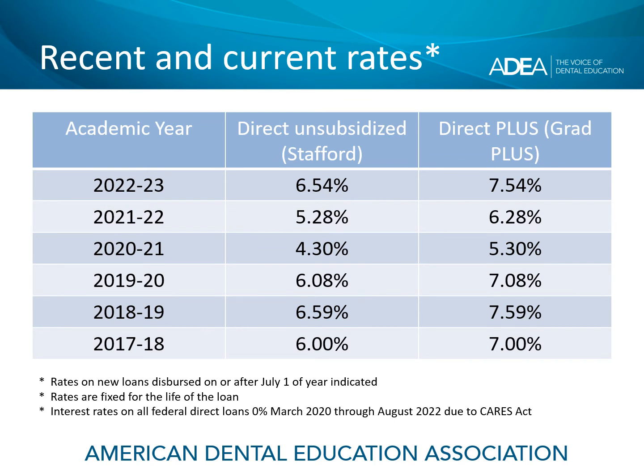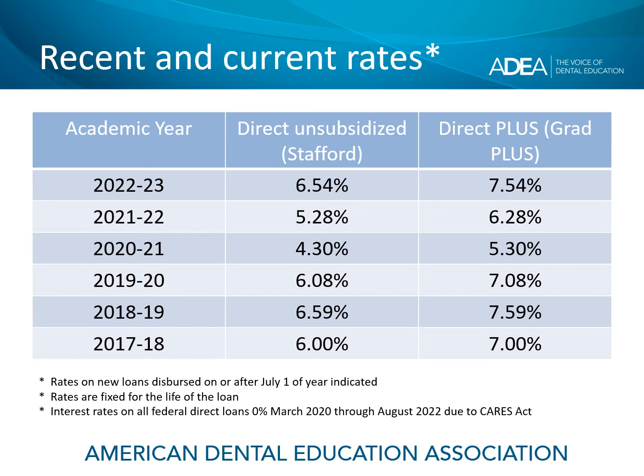Now, this is a listing of the different interest rates by academic year, including the 2022-23 academic year, with both direct unsub and direct plus, also called grad plus. Remember that the rates are fixed, but they change on new loans every July 1. So for example, someone graduating in 2023, if they have 4 direct unsub loans, they have 4 different fixed interest rates.